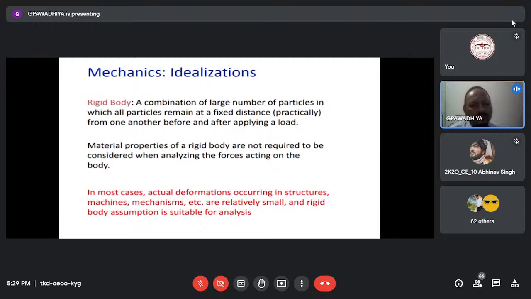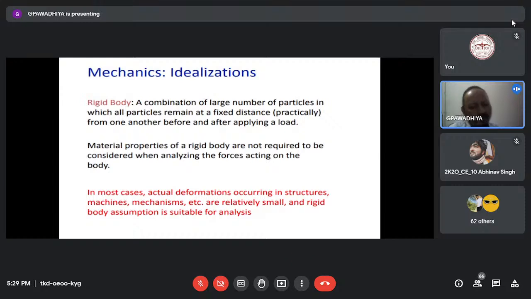So it is not considered when we analyze it for forces. In most cases, actual deformations occurring in structures, machines, and mechanisms are relatively small, and this rigid body assumption is suitable for the analysis. In actual structural studies, later you will find in structural analysis also, even if we treat it as an elastic body, the relative deformations are small.